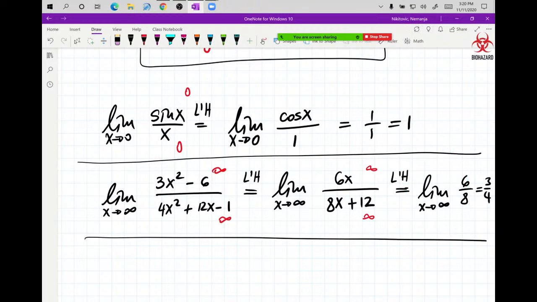So the goal here is to take L'Hopital's rule as many times as needed until you get to the place where you can't take it anymore, because there is nowhere to plug in to get infinity over infinity or 0 over 0.